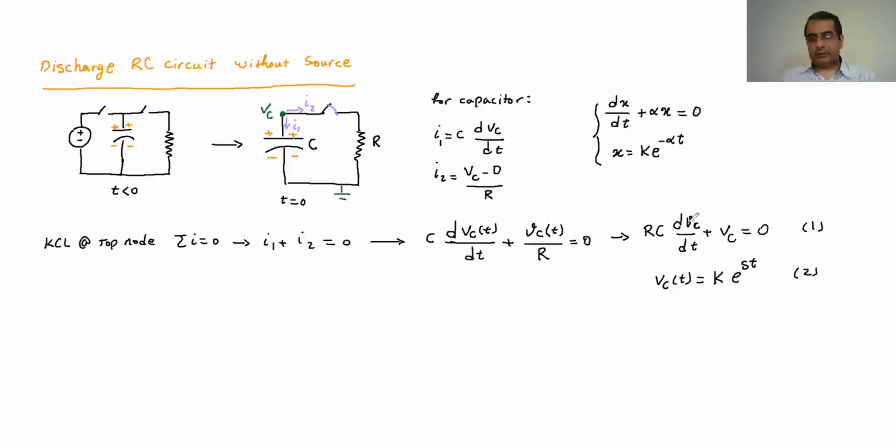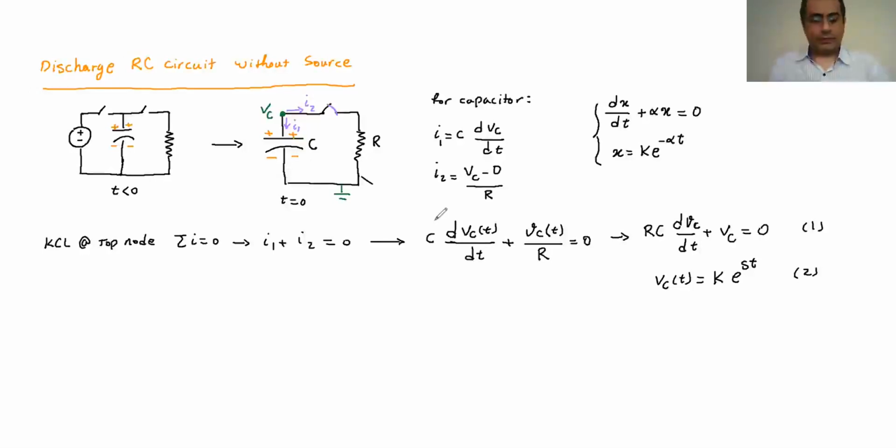If I rearrange the equation by multiplying all the parts by R, the differential equation looks like this. The solution to that differential equation is this second equation. This solution shows how the voltage is actually changing in that capacitor.